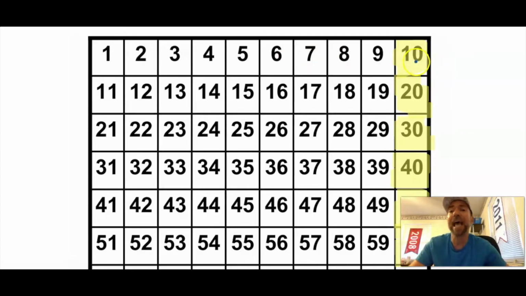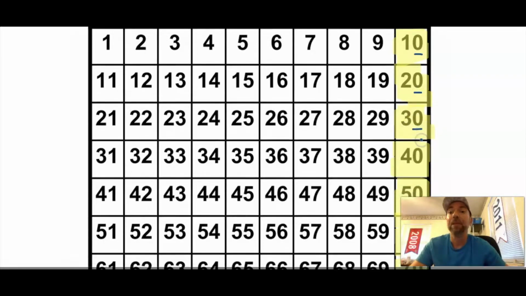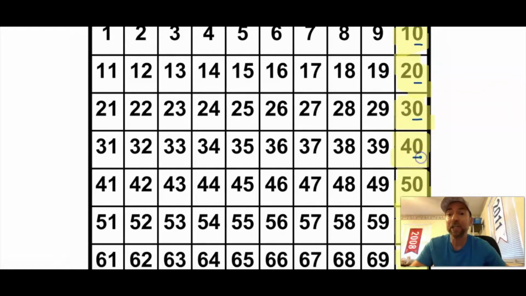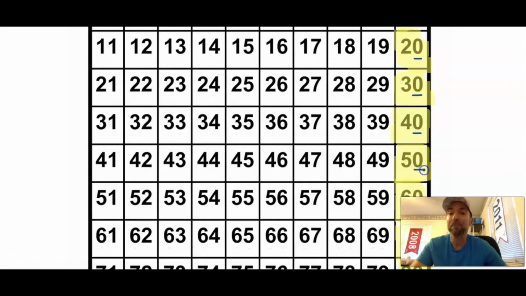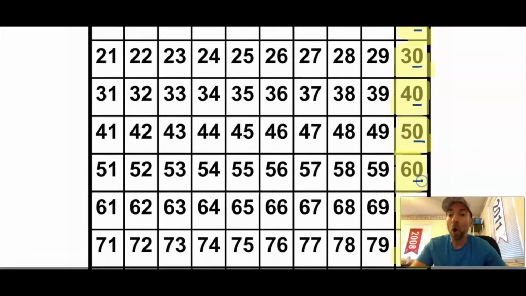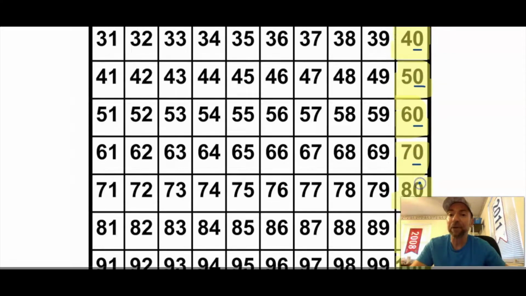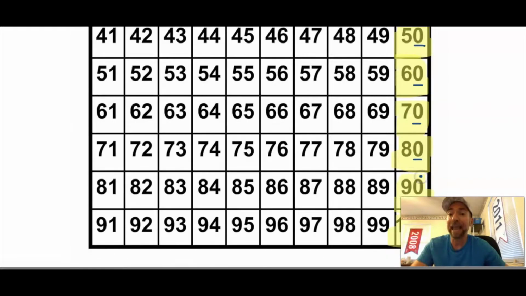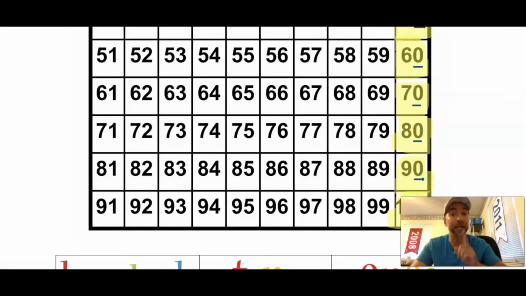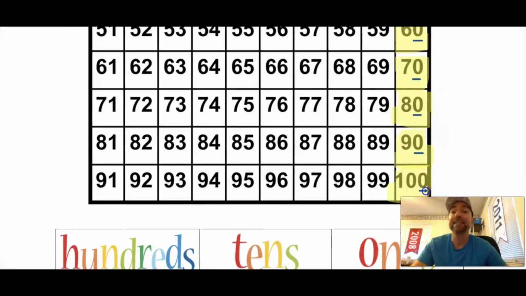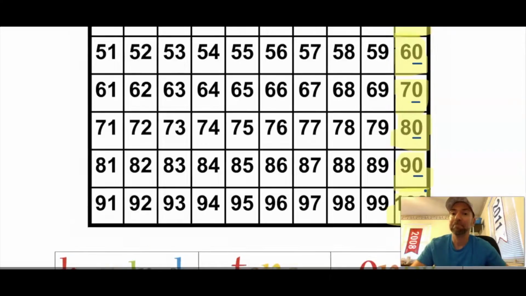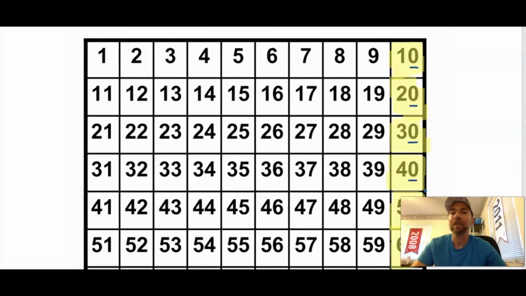I notice that in the ones place, which is the very last number, every digit is a 0. It always ends in 0 when I'm counting by tens and starting at 0. Wow, that's a pattern.